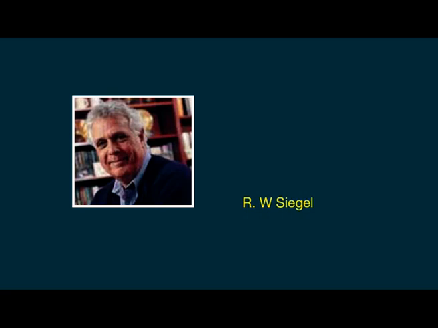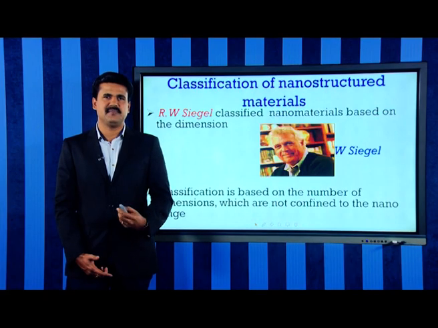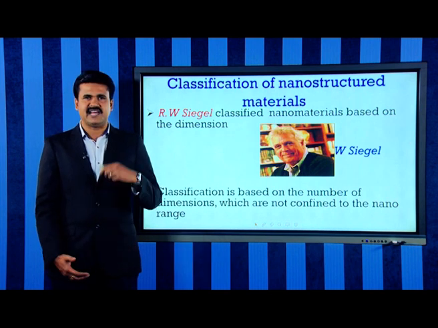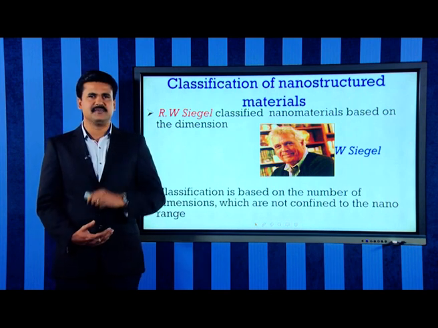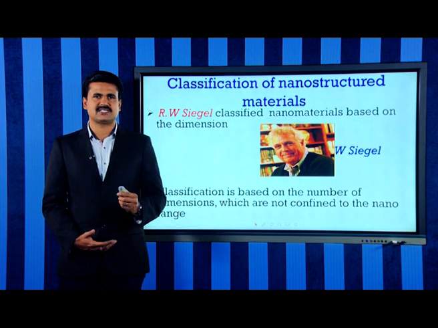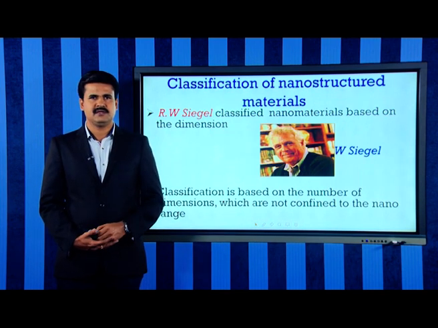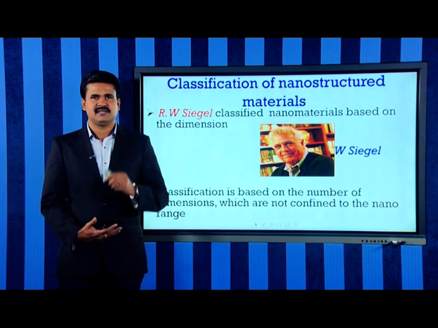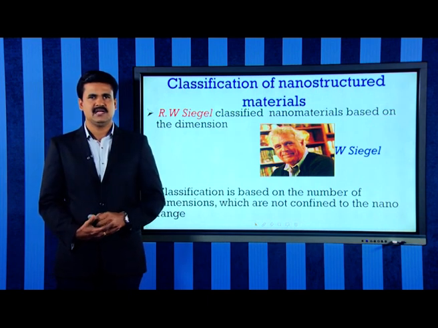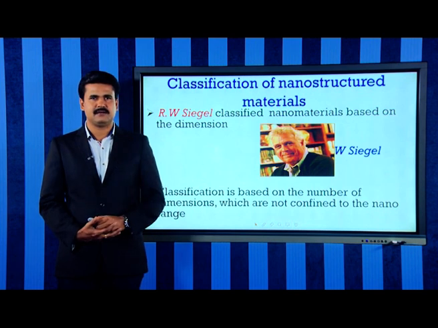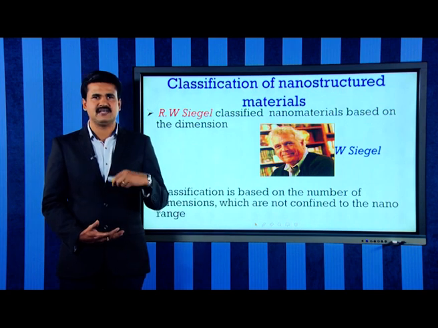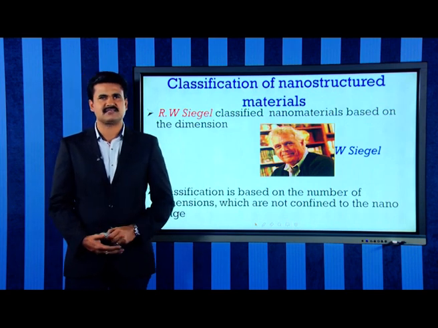Siegel, and Siegel's classification is based on dimensions, that is, the dimensions of the nanomaterial which are not in the nano regime. That is, the dimension based classification is in such a way that whenever we are taking a nanomaterial, which dimensions are outside nano is the basis.